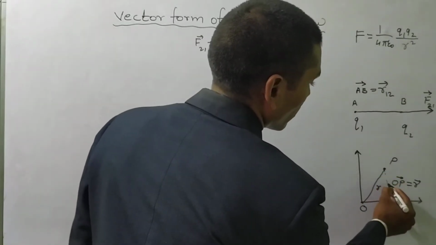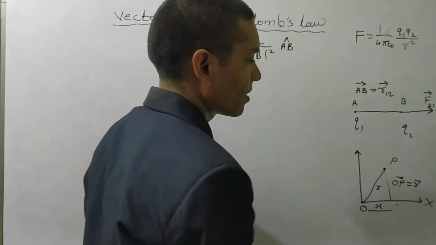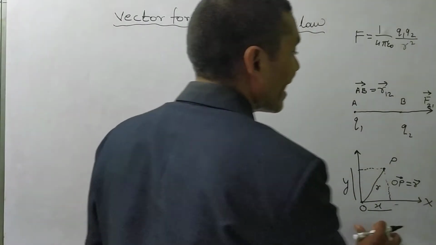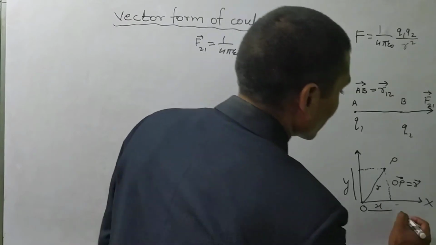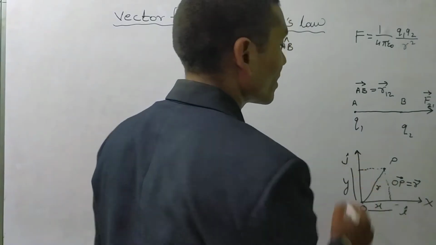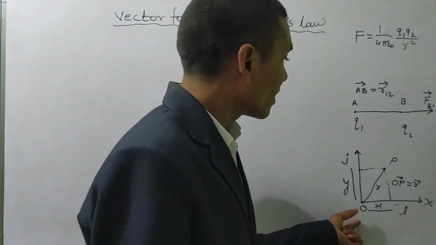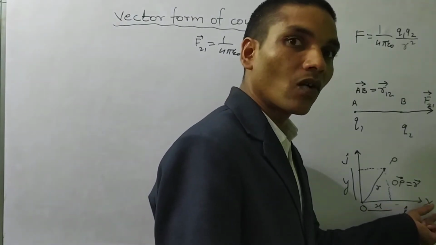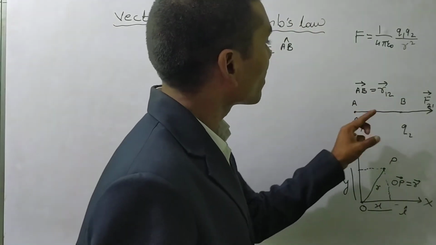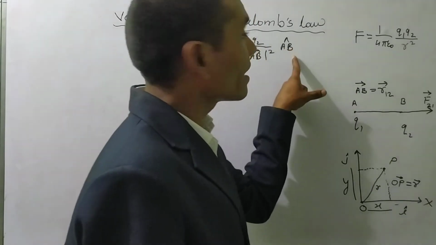Draw the normal on the x-axis, so this is the x coordinate. Draw the normal on the y-axis, then this will be the y coordinate. Along the x-axis, i cap is taken as the unit vector, and along the y-axis, j cap is taken as the unit vector. Because distance is measured along the x-axis, the unit vector will be i cap. Similarly here the force is measured from A to B, that's why the unit vector will be unit vector AB.